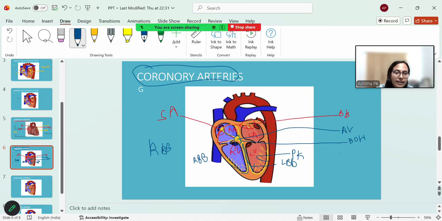If there is any impairment in the conduction of the right bundle branch, it causes right bundle branch block, and if it is in the left bundle branch, it causes left bundle branch block. This is how the conduction system in the heart works.